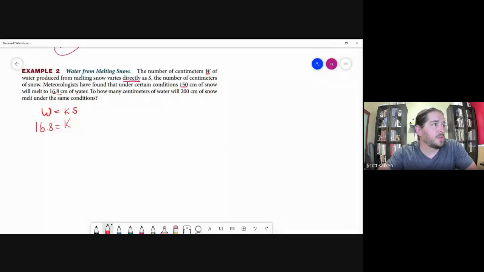And then they say meteorologists have found that under certain conditions, 150 centimeters of snow, which is my S value, will melt to 16.8 centimeters of water, my W value. So I can plug that in. 16.8 centimeters of water came from K multiplied by snow, which was 150 centimeters.